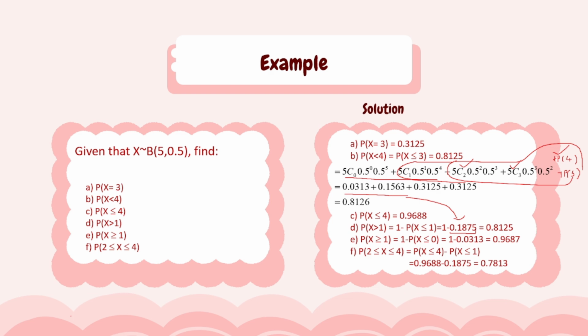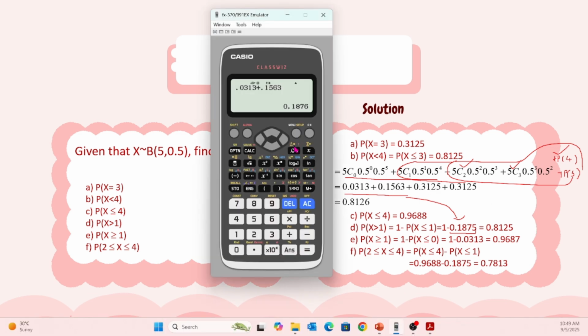And then you use the scientific calculator, menu 7, binomial CD variable. You calculate probability of x less than or equal to 4, which means from 0, 1, 2, 3, 4. So you put x is 4, because inclusive of 4, n is 5, p is 0.5.